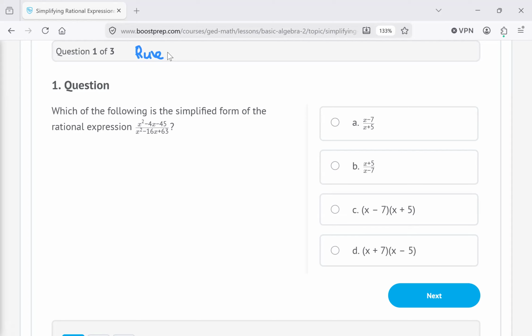These ones are quite a few. So rule one: when it says simplify rational expression, you must factor as much as possible to cancel as much as possible. When they say simplify, you're not going to solve for x, right? You're just going to factor and cancel as much as you can.